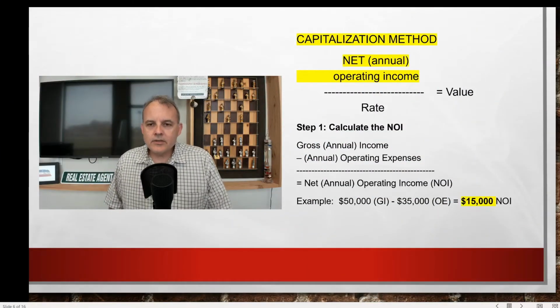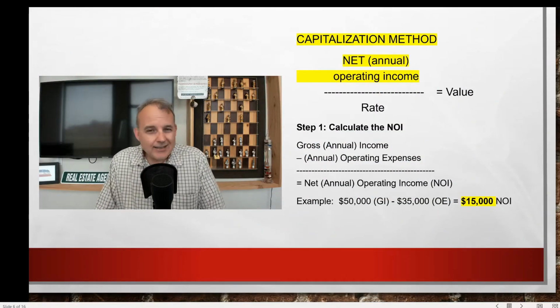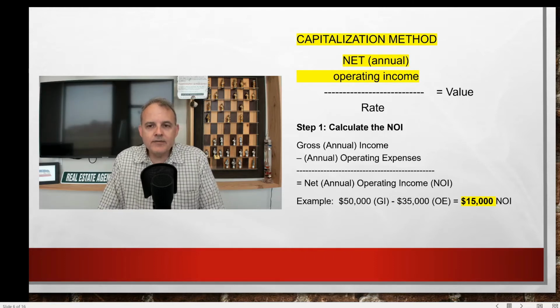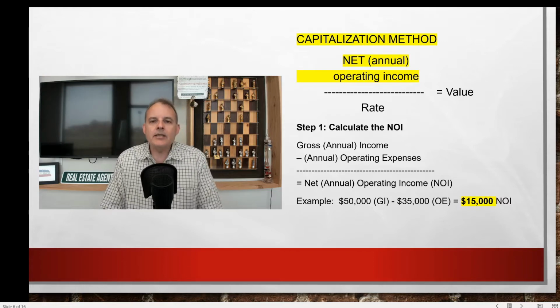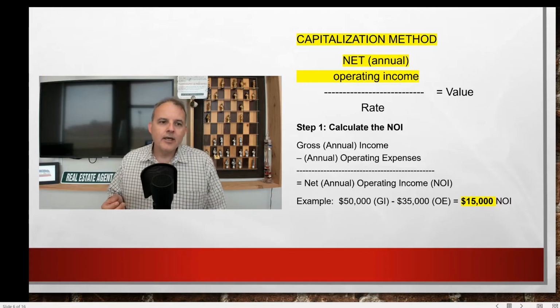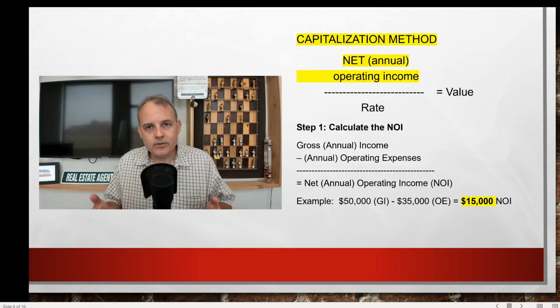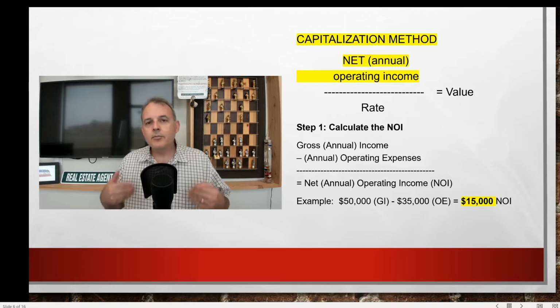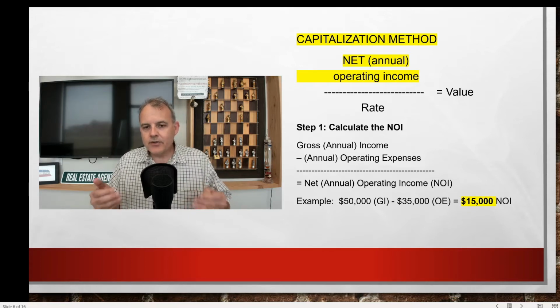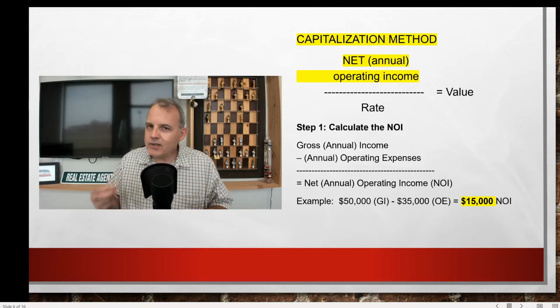All right, so let's look at the formula. We have the net annual operating income divided by the rate equals value. Number one, the net annual operating income. How do we calculate that? Now, if you're buying an existing building, we know that there's already going to be historical data available to the potential buyer. But for those of you studying for your exam, many times there are test questions where you have to calculate the NOI.